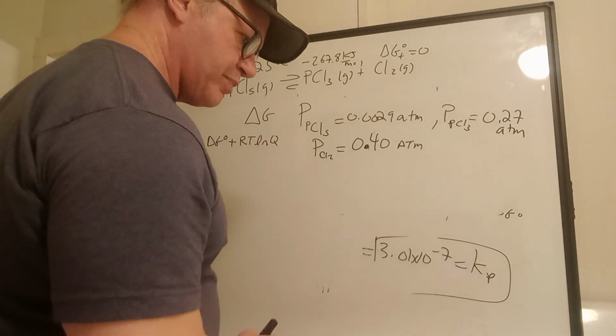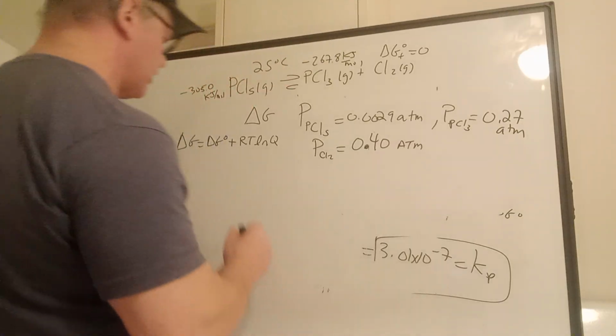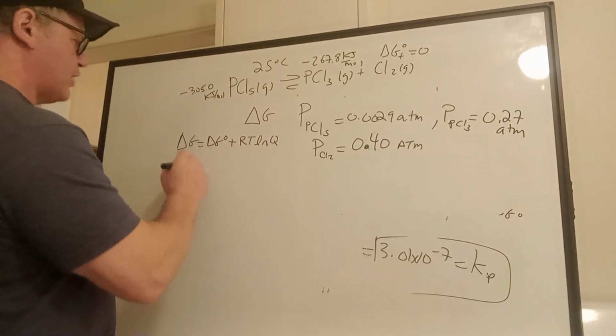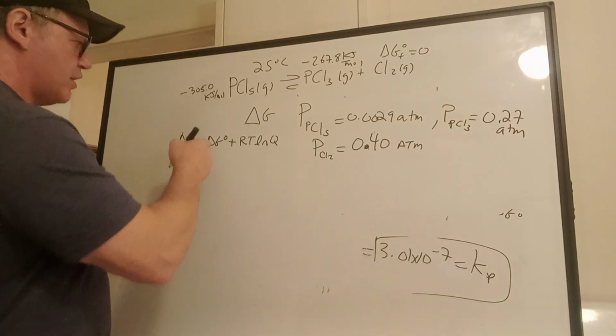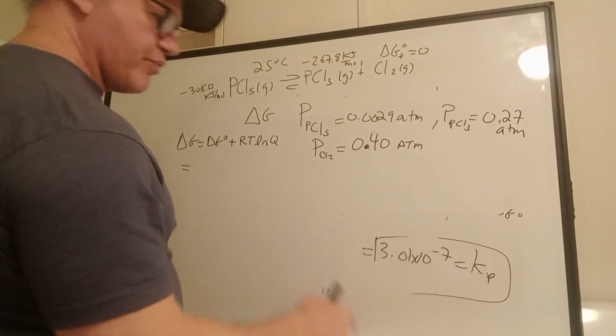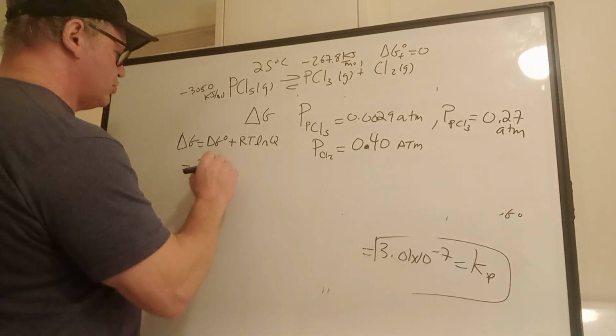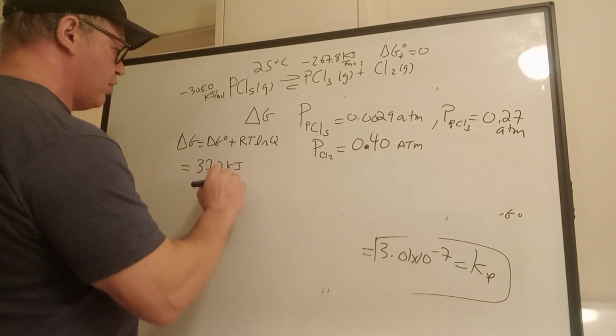Atmospheres is good. If it wasn't, we would convert it. So what do we do here? I'll just do it out. We can just do it in one step here. You can do it off to the side if you care to. Delta G naught, did we erase that? Yeah, we did. That's 37.2 kilojoules per mole.